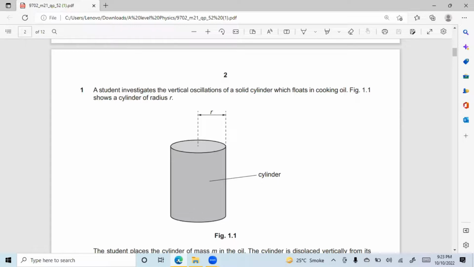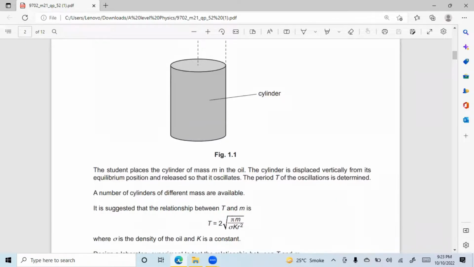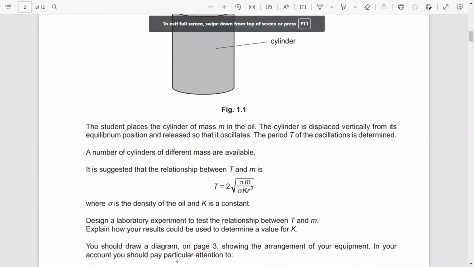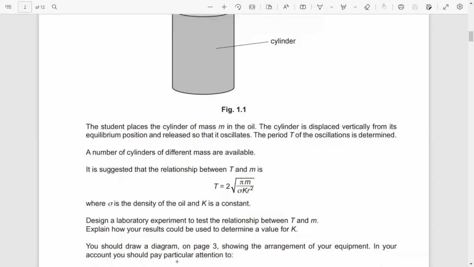A student places the cylinder of mass in the oil. So he just puts that cylinder in the oil, and the cylinder is displaced vertically from its equilibrium position and released so that it oscillates. It will oscillate all the way.